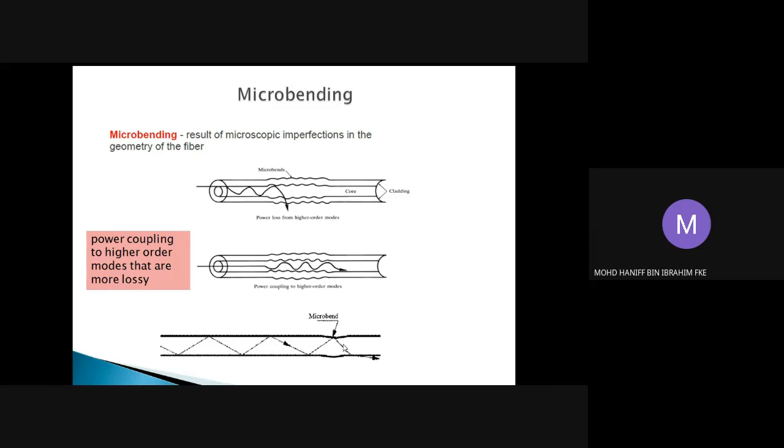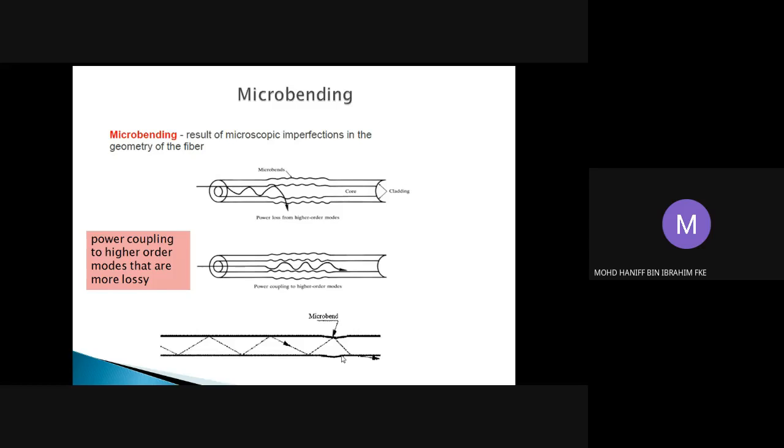And for the microbending, for example, we have this structure, which is not uniform. Due to this bending, the light will not propagate in the modes of total internal reflection. The light incident will be less than the critical angle, and as such, the light will leak into the cladding.